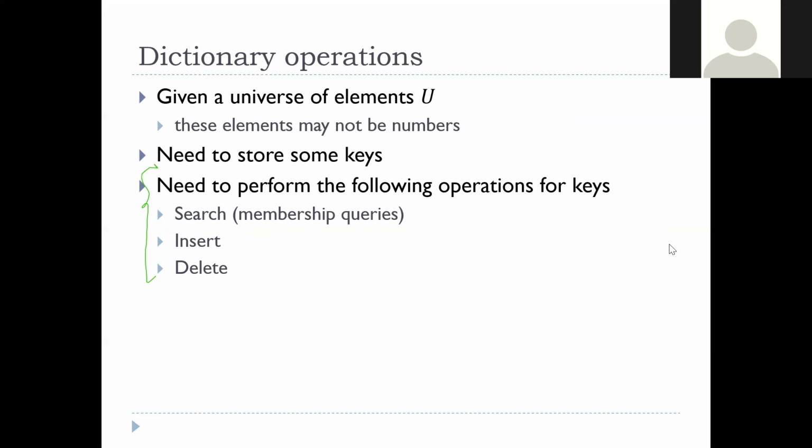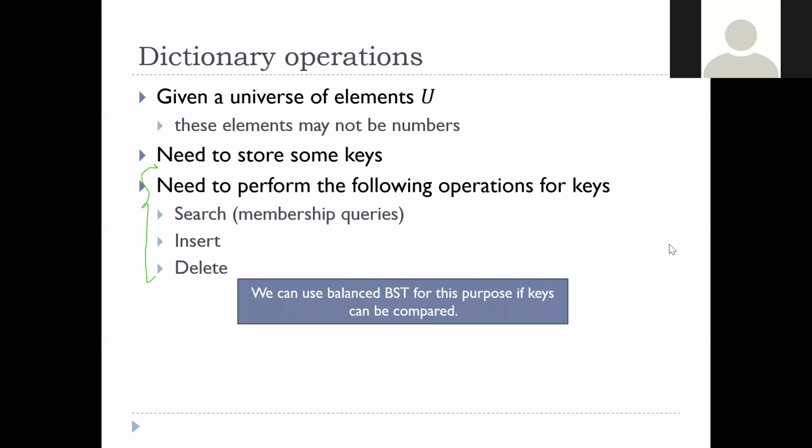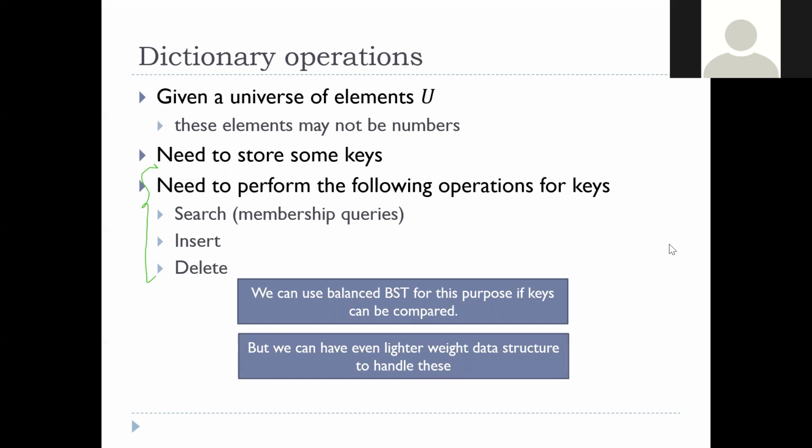Now, for such operations, of course, we can still use the balanced binary search tree to perform all of them, and the worst case time complexity is pretty decent, log of n, much better than linear time. But can we do better? In particular, can we have a lighter weight data structure? Binary search tree is not hard, but you still have to maintain all the pointers.